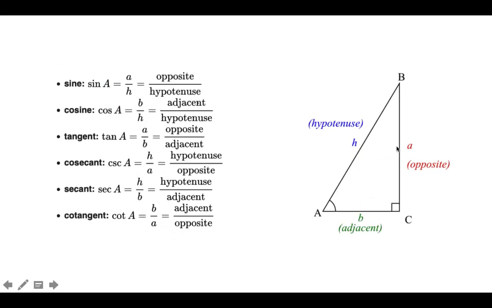So these are the definitions of the trig functions. We're referring here to angle A, and they're given here. I'm sure you have seen all of them before. In engineering and physics, we overwhelmingly use the first three more. In electrical engineering, we typically, whenever possible, use the cosine function.